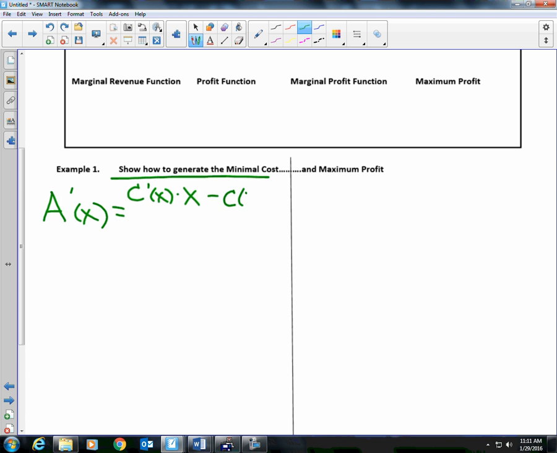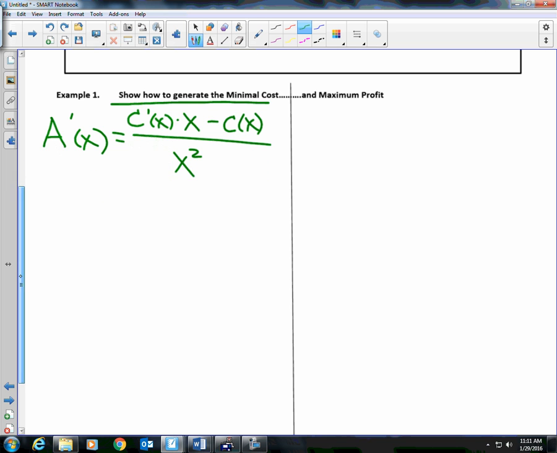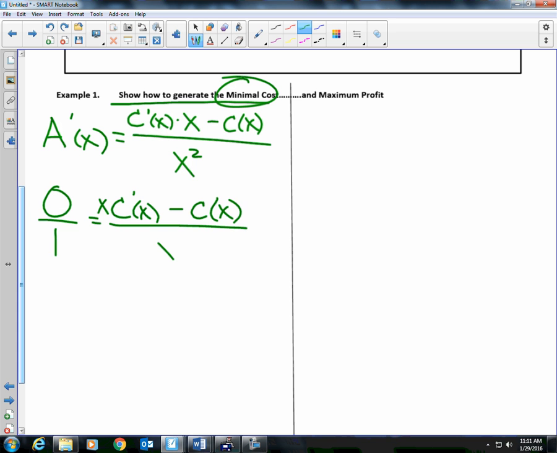Yep, I know what you guys are saying. You're absolutely right, divided by x squared. We take the derivative and we set it equal to 0, because we're trying to minimize the average cost. So the derivative set equal to 0 is 0 over 1 equal to x C prime of x minus C of x, all over x squared.